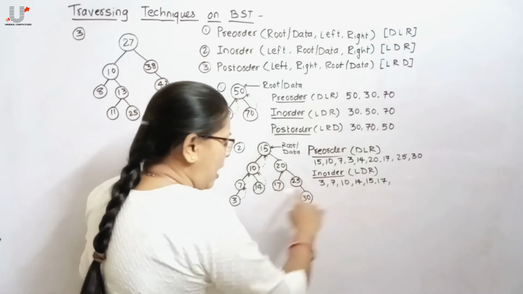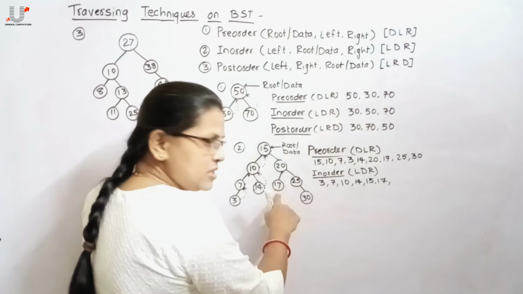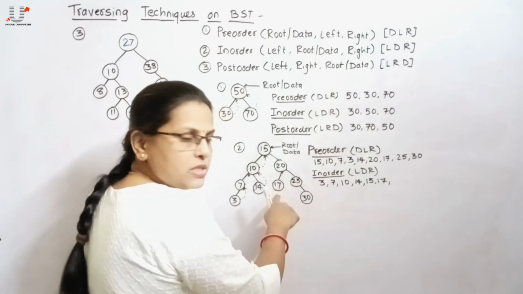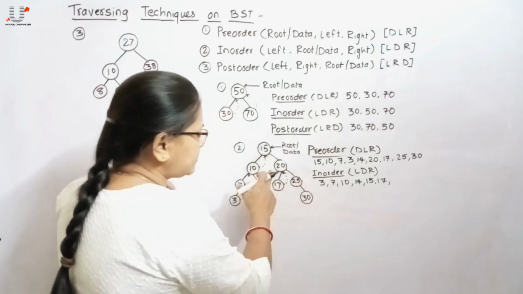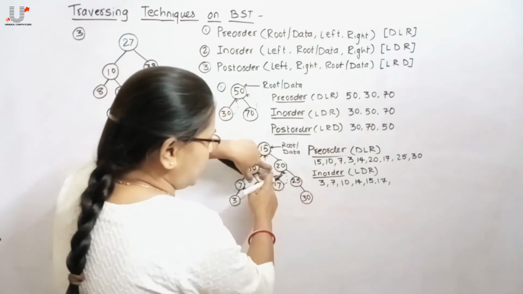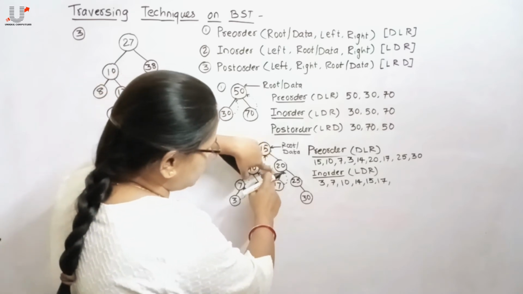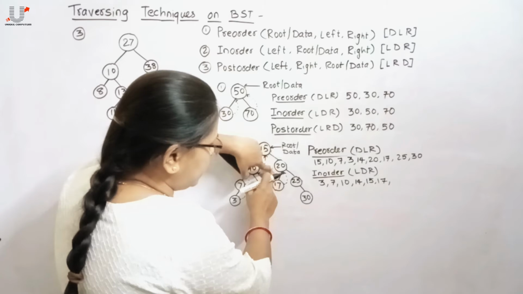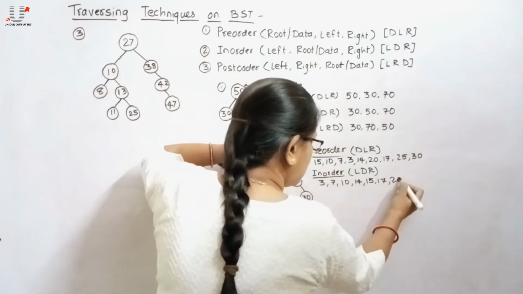And then R, that means check whether a right child is present for 17. No right child is present, so again backtrack to its parent. On this 20, as the left child has already been processed, apply the data part, that means process that 20 itself, so the data gets displayed.